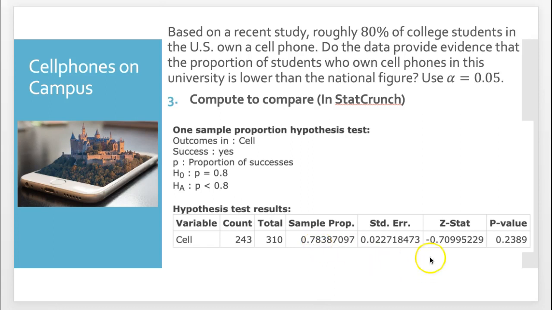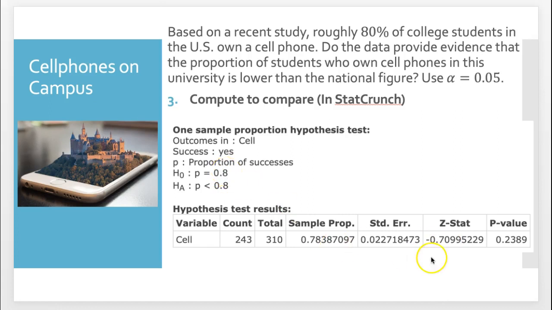Right, so here if I calculate my test statistic, that's using the standard error, assuming the null hypothesis is true. And then my z-test statistic here is negative 0.7, if we round. My sample proportion of 0.7838 is 0.7 standard deviations below the null hypothesis proportion.